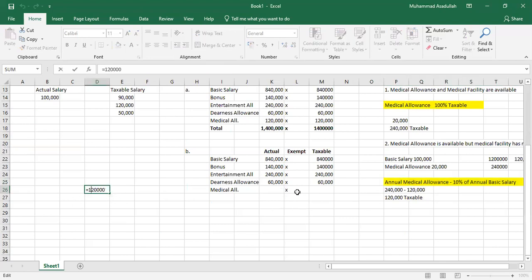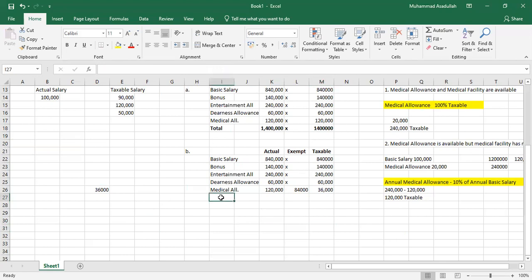So 1,20,000 minus 10% of basic salary, which is 84,000, gives 36,000. So the taxable value will be 36,000, whereas the actual was 1,20,000, and 1,20,000 minus 36,000, which is 84,000, has been exempted.